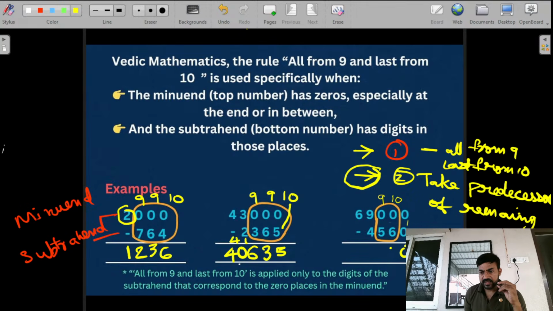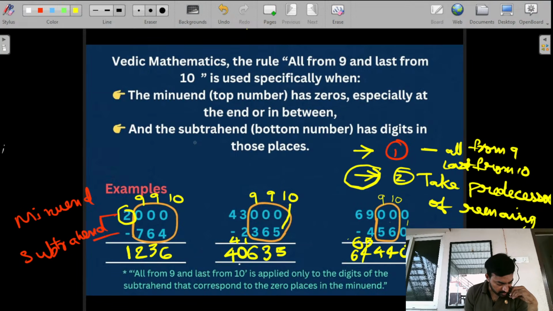So 10 minus 6, 4. 9 minus 5, again 4. Here 9 minus 4, actually 5, and the remaining number is 6. But if you apply all from 9, last from 10, you have to take the second step, take the predecessor of the remaining. The remaining number is 69 minus 4, 65, so you have to take 64 here. Like that you have to do. Is it clear?